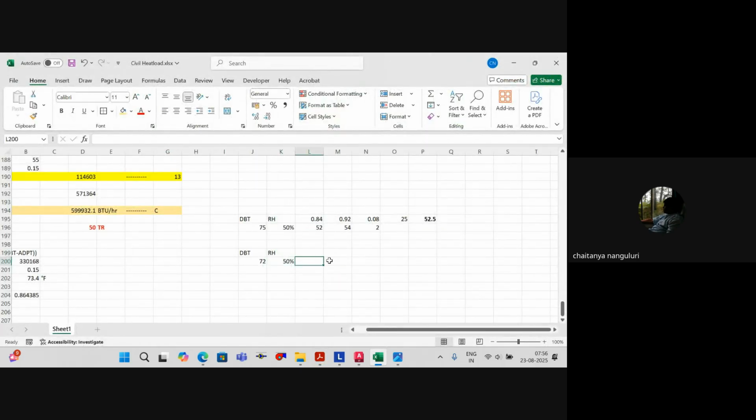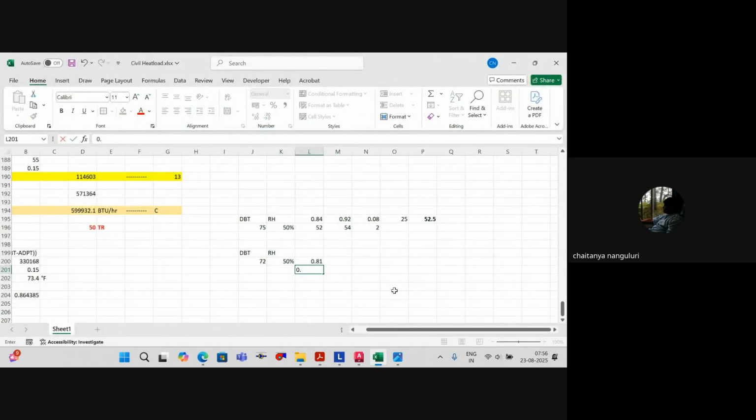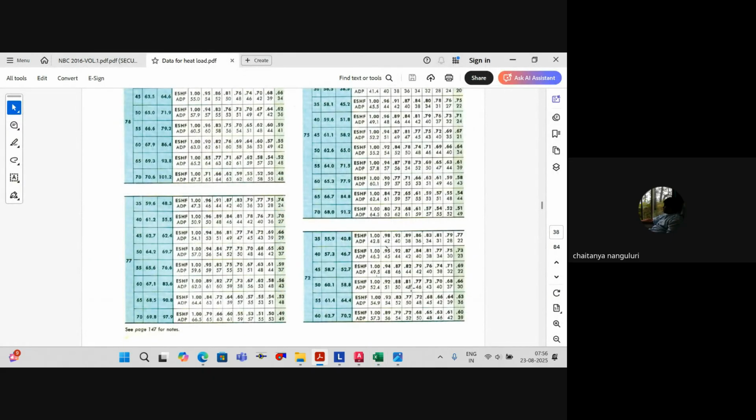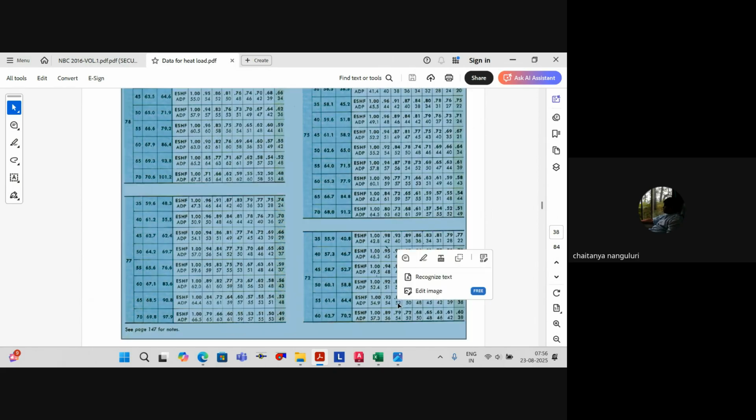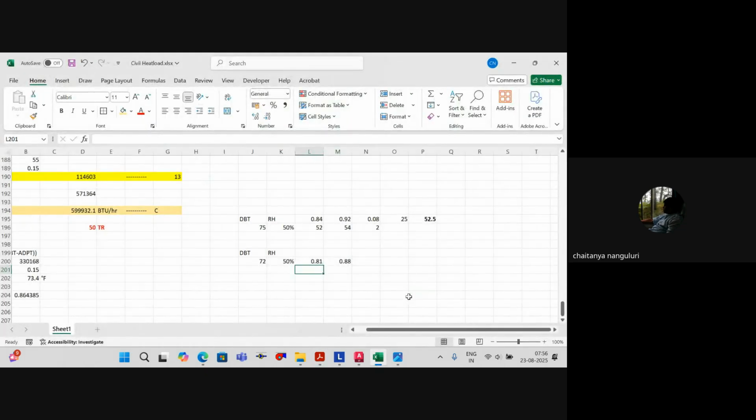I have to take 0.81 and 0.88. How much is 0.81? 48. You can read this or not? 48 and 50 respectively.